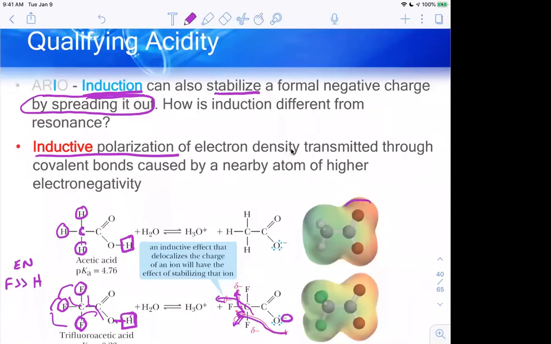Notice my negative charge is really localized on those two atoms in acetic acid based on the electrostatic potential map. But now this is much less red, which indicates that that charge has been sort of delocalized through the bonds by this inductive polarization of electron density.